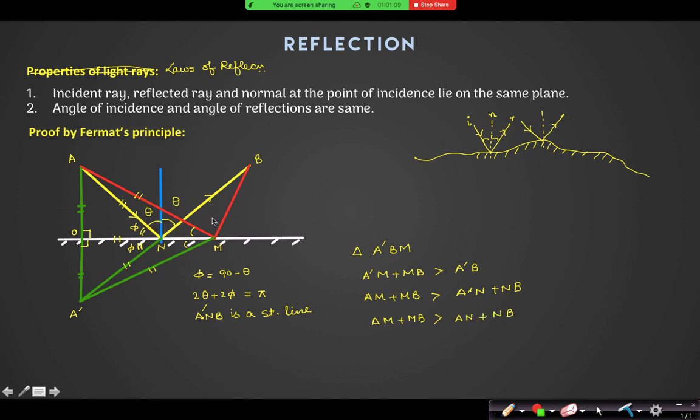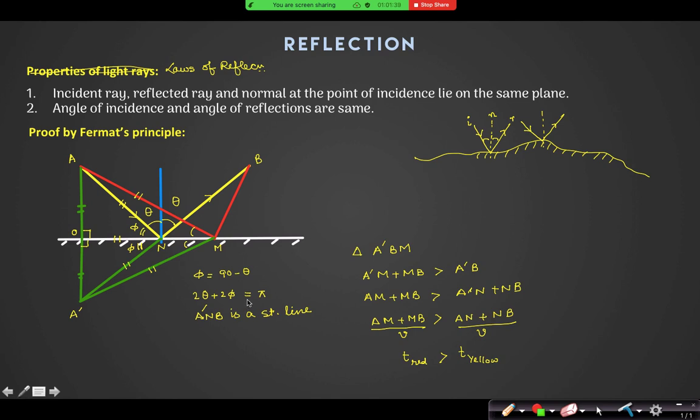Now look, as the velocity of the light ray is the same in this medium, this is only one medium, right? No medium change is there. So if I divide it by the velocity of light, can I find that the time in the red color path is greater than the time in the yellow color path?